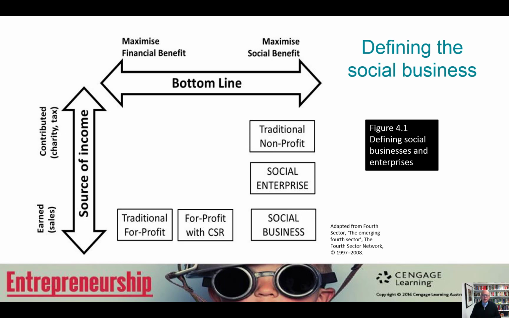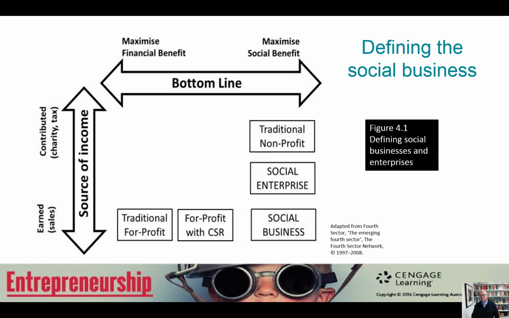One of the things that distinguishes social business and social enterprise from for-profit business is that its underlying motivation is not the bottom line of maximising profit, but instead maximising social benefit, maximising the return they provide to the society in which they're embedded. So the defining characteristic that distinguishes them is that they are driven by social motivation.